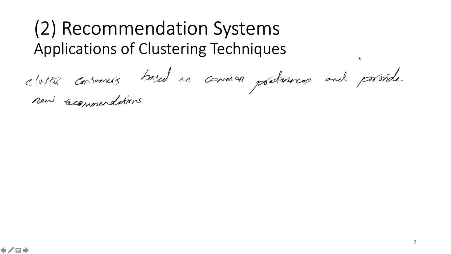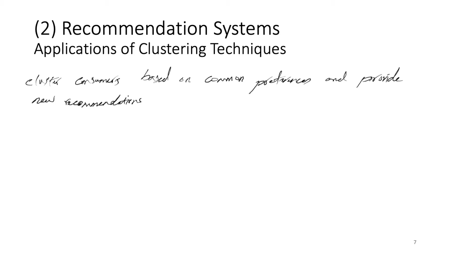So in recommendation systems, we want to cluster consumers based on common preferences, and based on those common preferences, we want to provide recommendations.